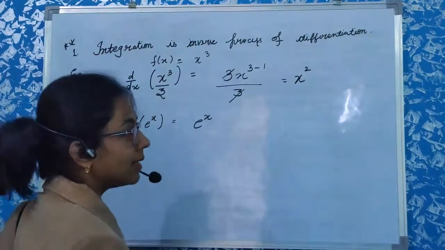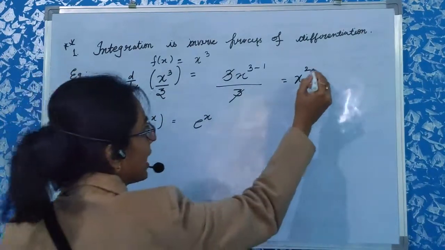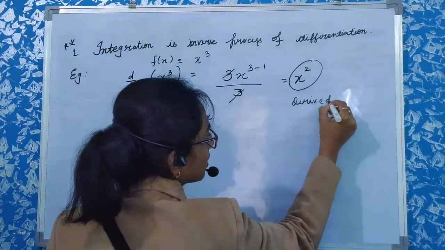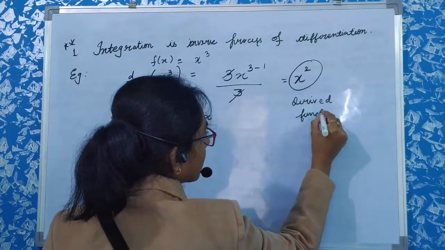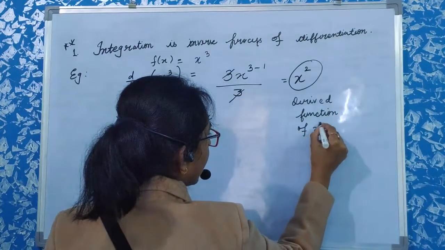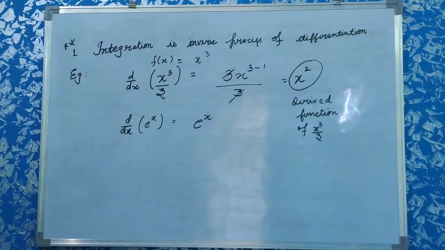If you understood what I did, after differentiating we got this. So x square is the derived function of x cubed by 3. Then what do you think x cubed by 3 is? Can you tell me the answer?